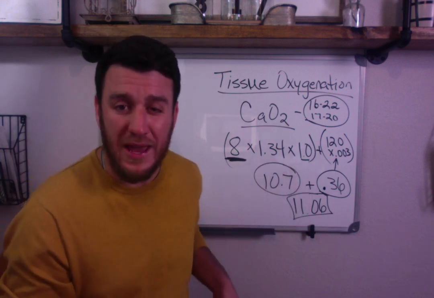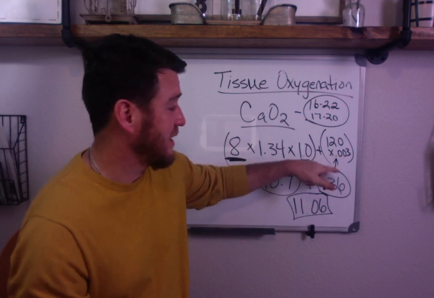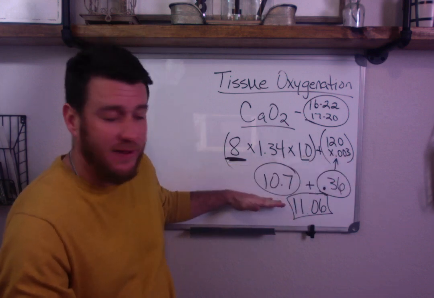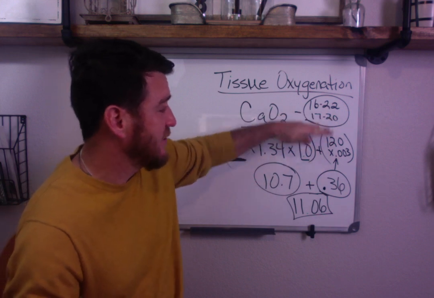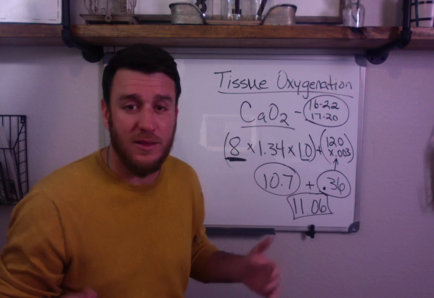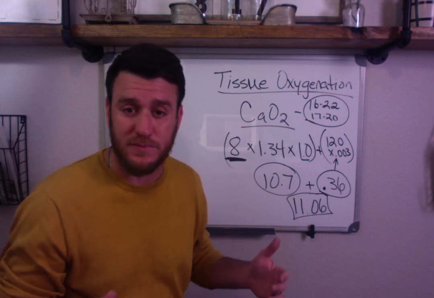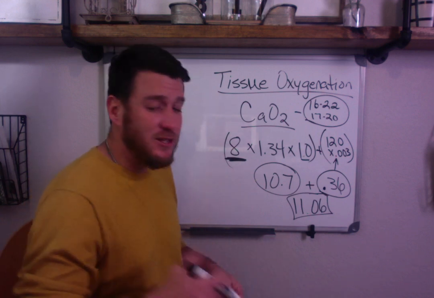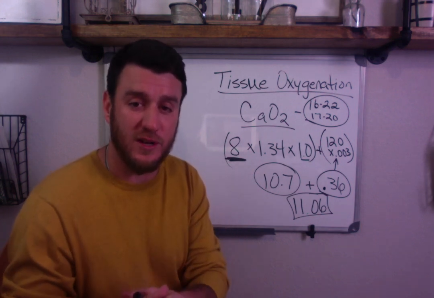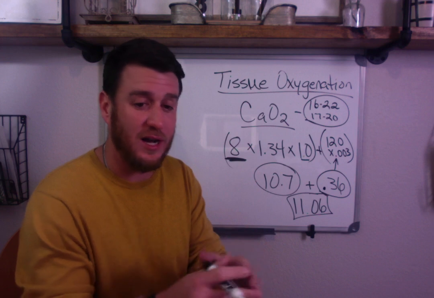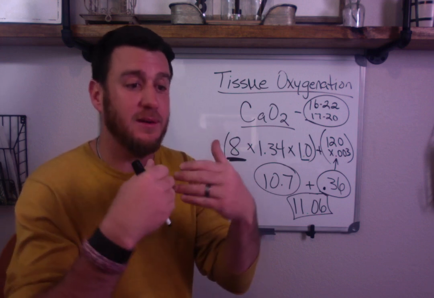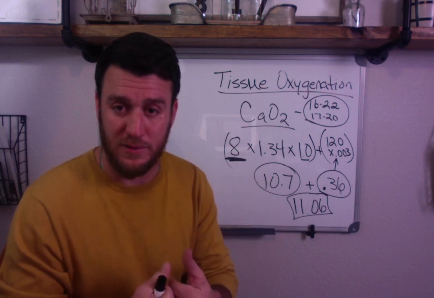There was no way that you could multiply something by 0.003 and get this 10.7 up to 16 or 17. There's absolutely no way. It's impossible. And so that's what I'm trying to drive home right here, is that when you're talking about internal respiration, you're talking about tissue oxygenation, you have to understand the value and the importance of hemoglobin.